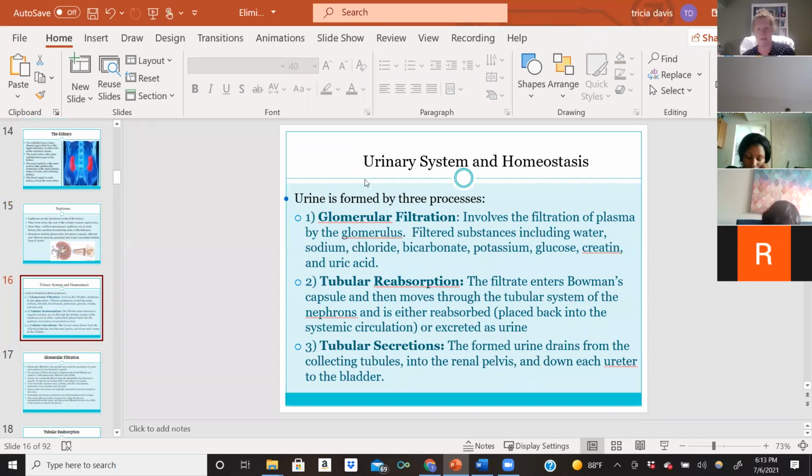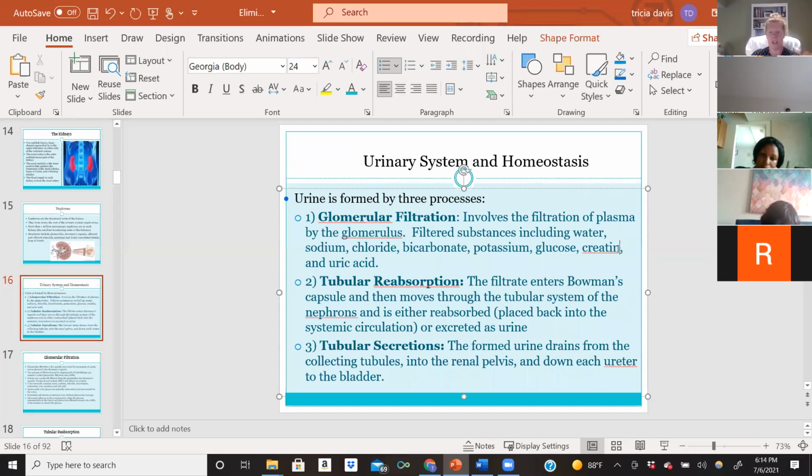So urine is going to be formed by three processes. We have glomerular filtration, tubular reabsorption, and tubular secretion. With glomerular filtration, this involves filtering the plasma by the glomerulus. It filters substances like sodium, chloride, bicarbonate, our glucose, our potassium, our creatinine, water, and uric acid.